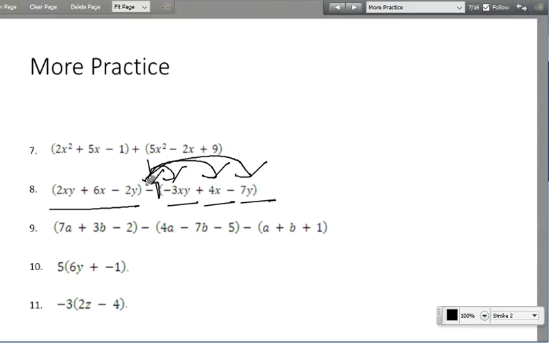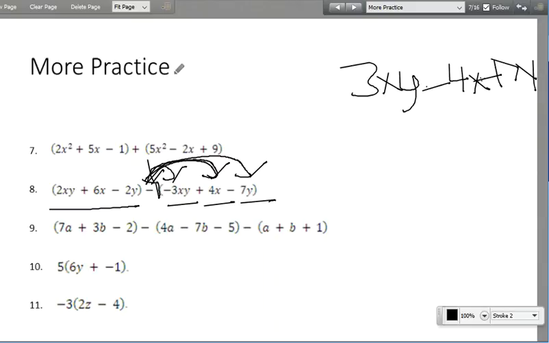So here we go. A negative 1 times a negative 3xy would be a positive 3xy. Negative 1 times positive 4x is negative 4x. Negative 1 times negative 7y is positive 7y. Okay.